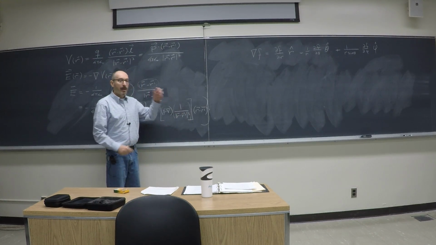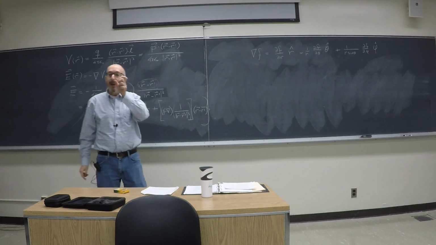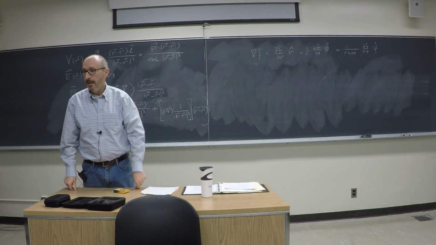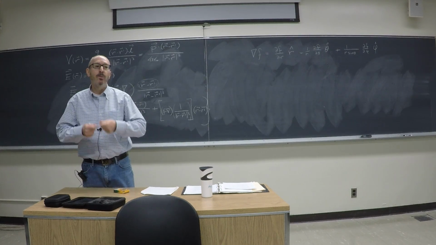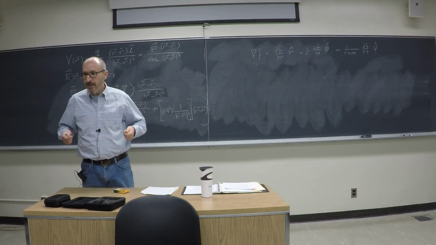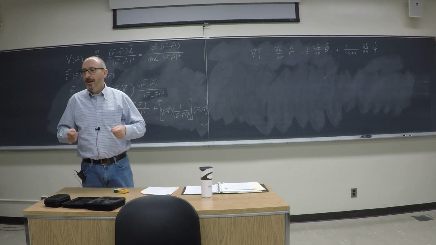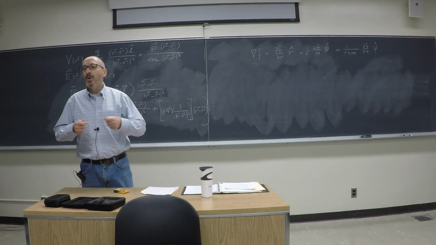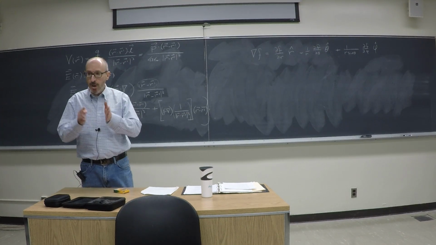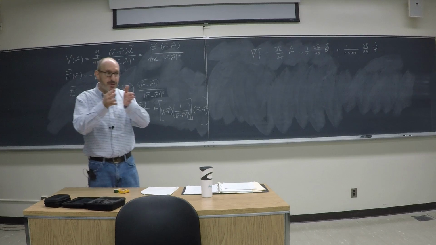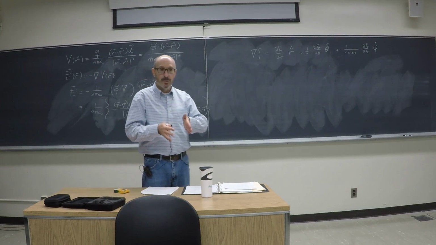This function depends on the magnitude of r minus r prime. It could have been 1 over |r minus r prime| to the 7th power, or the exponential of the magnitude of r minus r prime. It doesn't really matter. It's a function of the magnitude of r minus r prime.